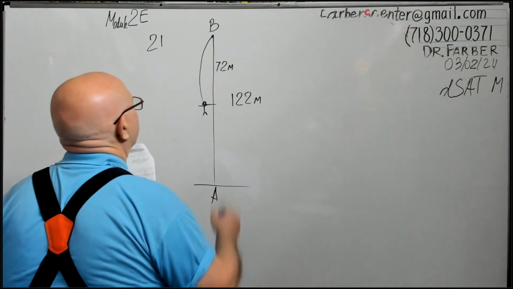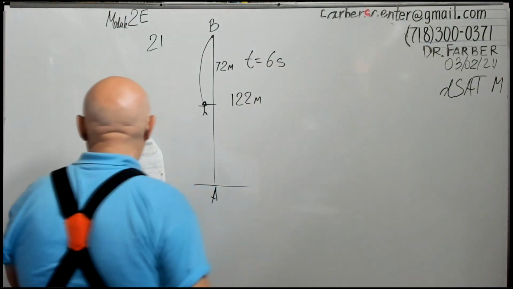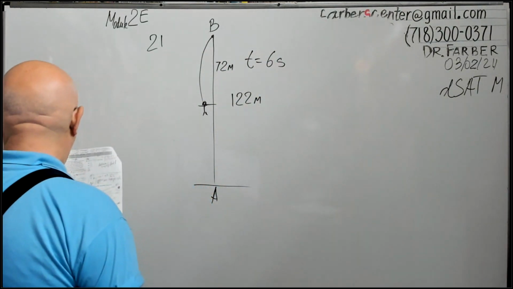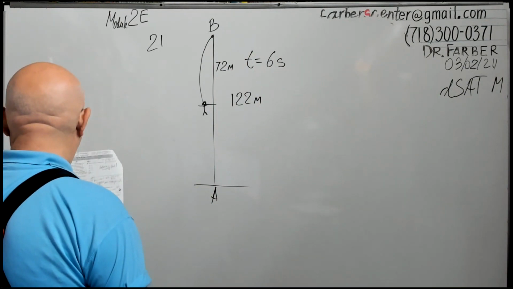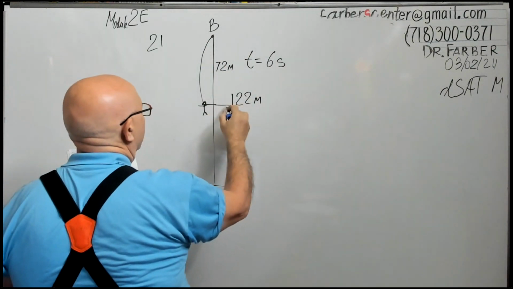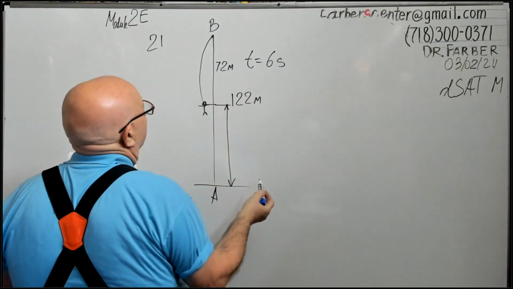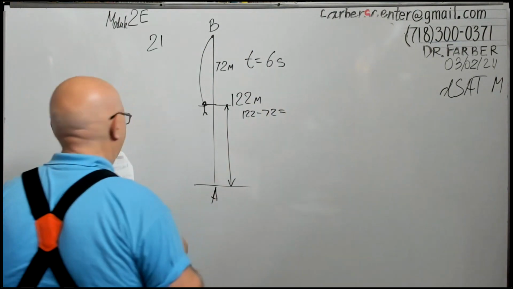And it took 6 seconds to extend fully. The distance between the jumper and the ground is a function. This distance, actually, if you subtract 122 minus 72, right, you have 50 meters.